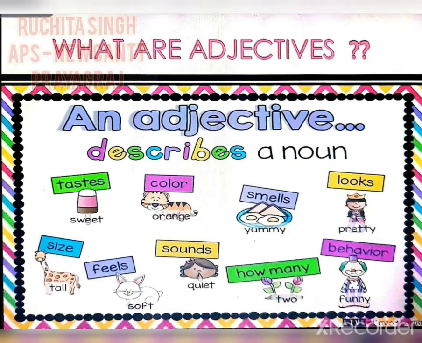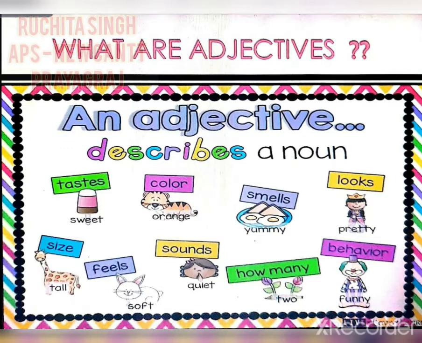Okay children, and you all already know that noun is a name of any person, place, animal or thing. So adjectives are used to describe a noun by telling about its taste, then its color, then its smell, looks, whether it is pretty or ugly, then size, whether it is big or small, then how a noun feels, like is it soft?